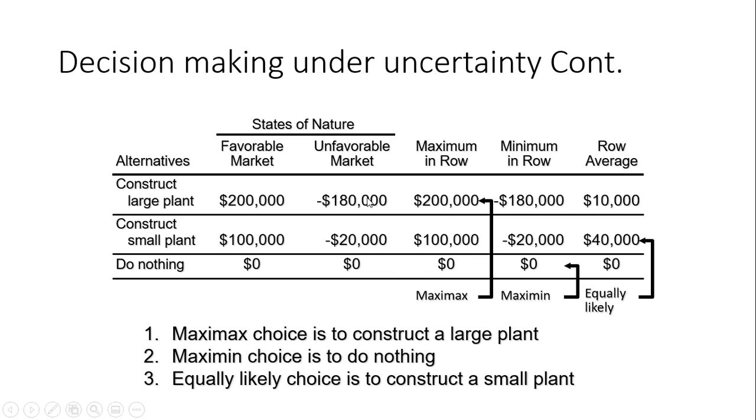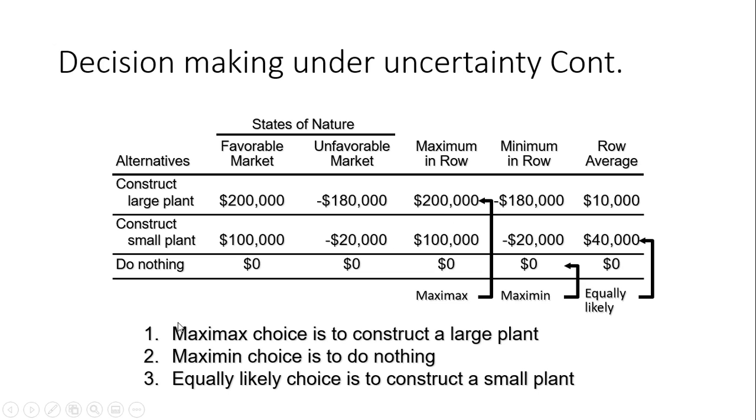After you get the maximum result for each alternative, which is $200,000, $100,000, and 0, you will take the maximum value of the three numbers, which is $200,000.